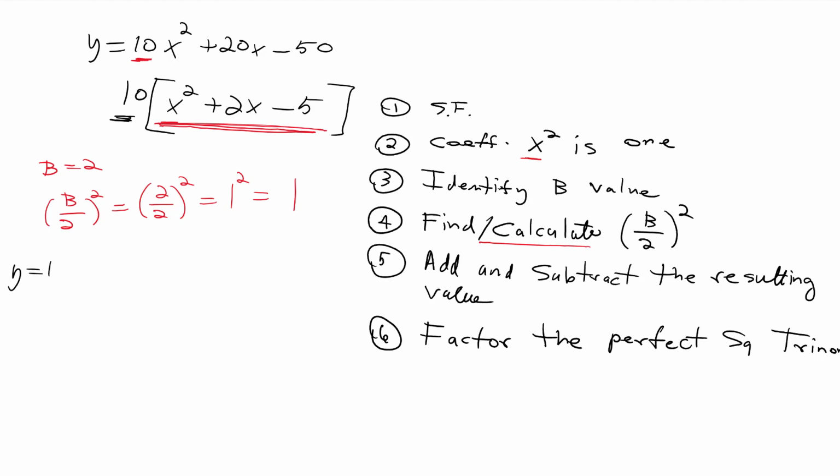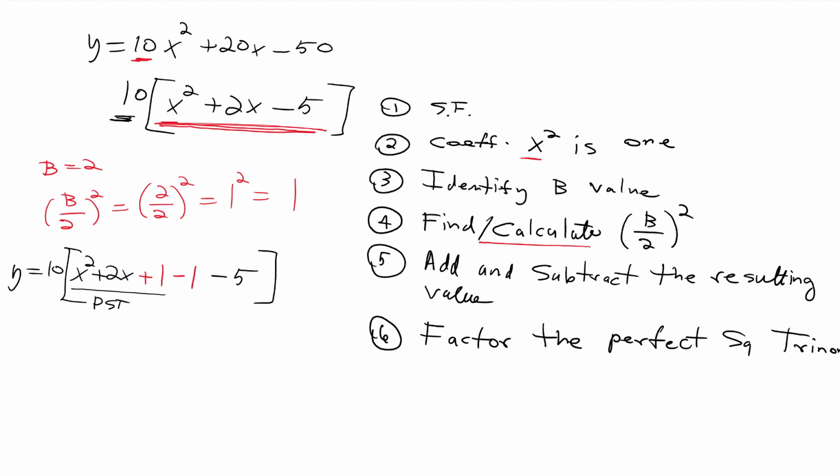Y is equal to 10 [x squared plus 2x, then plus 1 minus 1. And then the rest of the problem is minus 5] close bracket. The reason I do that is because this is now a perfect square trinomial that can be factored.